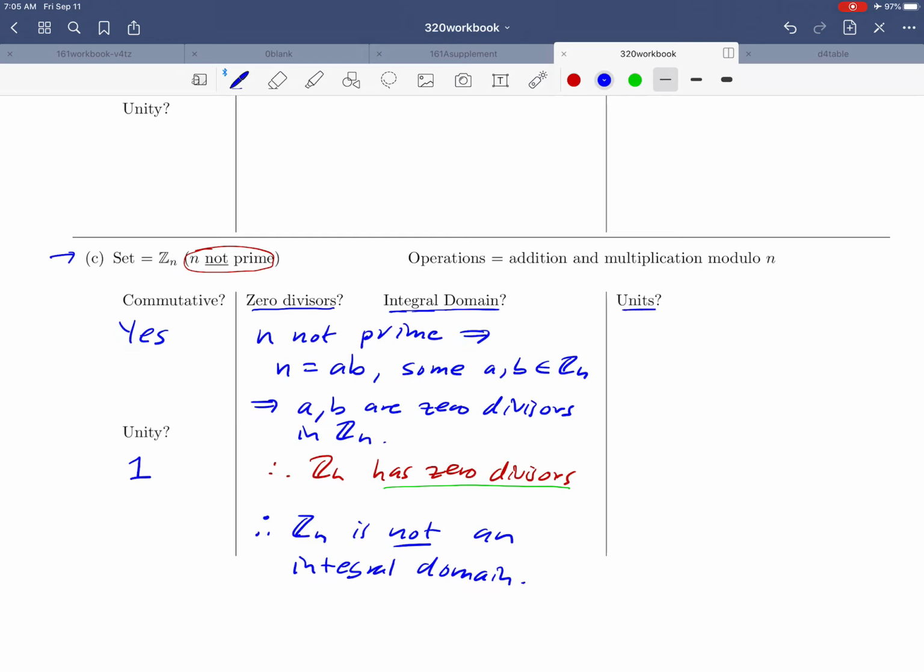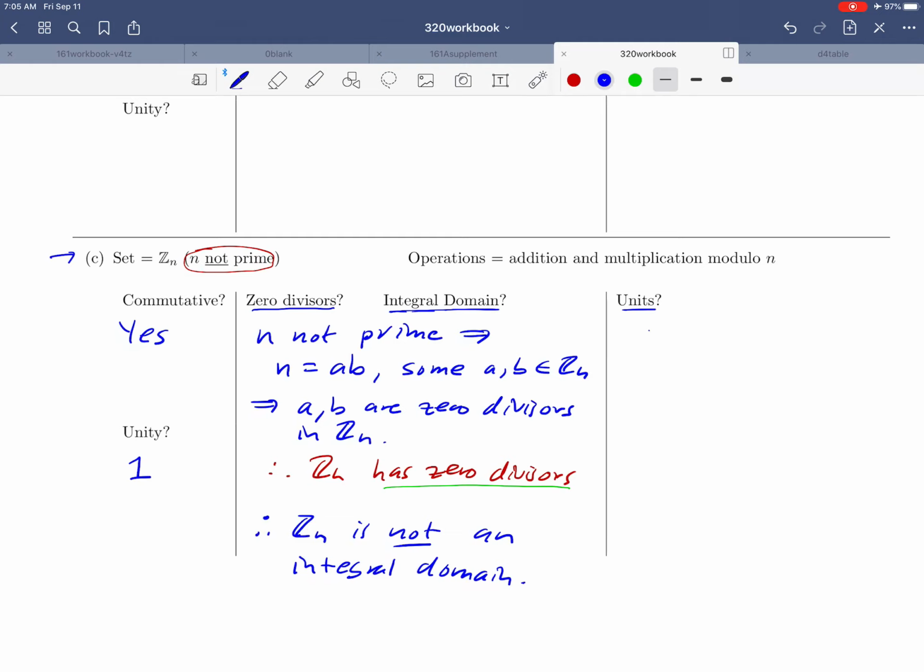Okay, and then finally, what would the units in this ring Zn be? Again, the units are the numbers that have inverses under multiplication. What's interesting is you've already answered this question in a previous homework exercise in this course. The elements in Zn that have inverses under multiplication are the ones that are relatively prime with n.